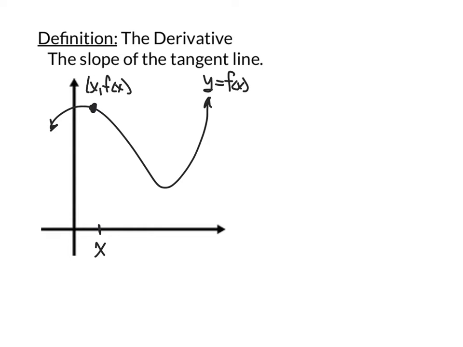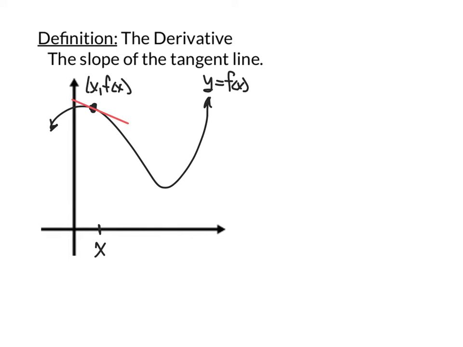Now, when it comes to the tangent line, a tangent line is going to intersect the curve at just one point. However, it just kind of skims that curve. It doesn't cut across the curve at all. We know that if we were to extend this line, eventually it would cut through the curve over here. But locally, this is what our tangent line is going to look like.